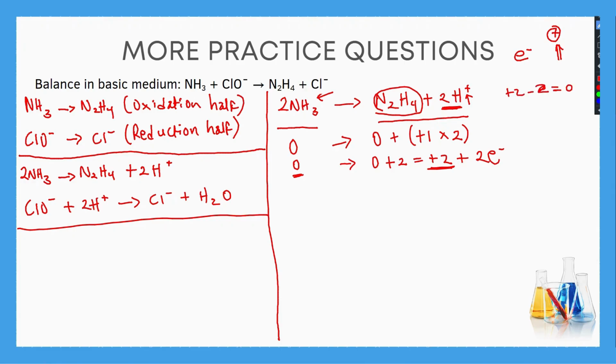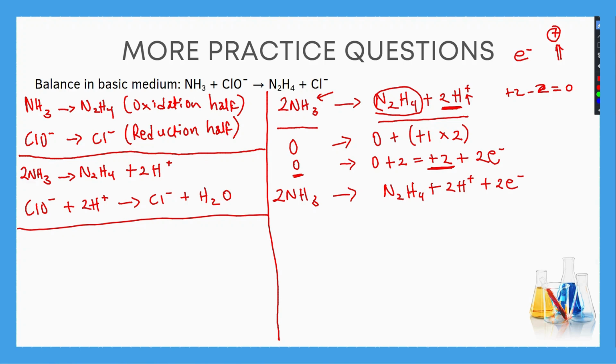That gives us 0. So now we've done that for the first equation. We've balanced the charges. Writing that out now becomes 2NH3 giving us N2H4 plus 2H+ plus 2e-.